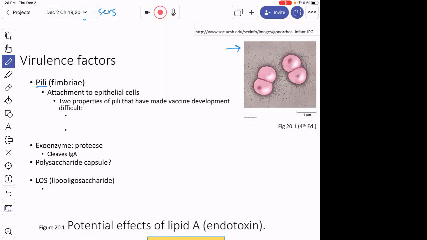Right. And there's two properties of pili that make it so successful in outwitting our immune system, and then by default, outwitting our ability to make a vaccine to gonorrhea. So one of those properties we call phase variation. That just means that the composition of those adhesin proteins on the pili is constantly changing.